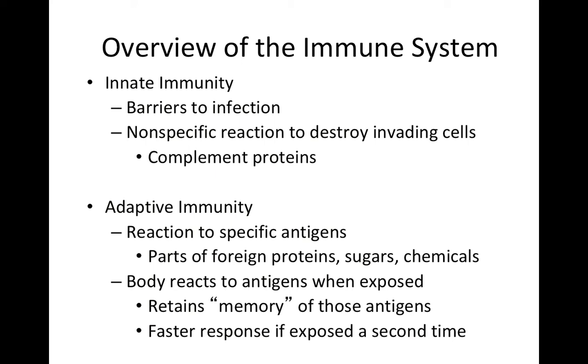So someone who has a good innate immunity will get sick less frequently than someone who has a weaker innate immune system. The adaptive immune system is focused on, once you are sick, getting better. So the adaptive immune system is where your body will mount a very specific response to a microorganism causing an infection. It'll react to specific antigens. These could be parts of a foreign protein or sugar or chemical that is on the surface of the microorganism.